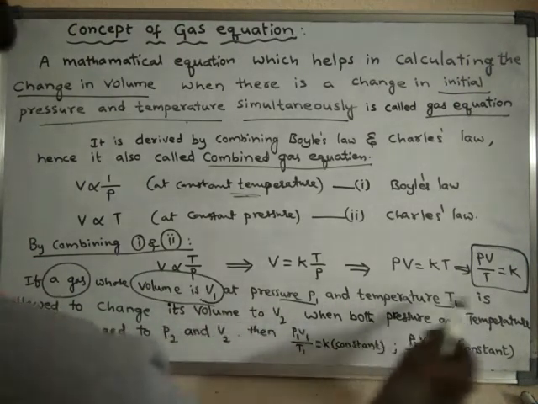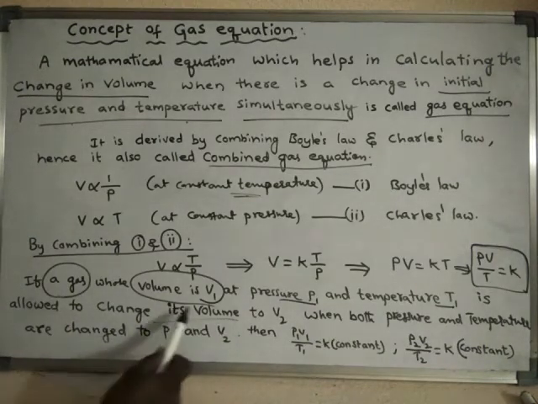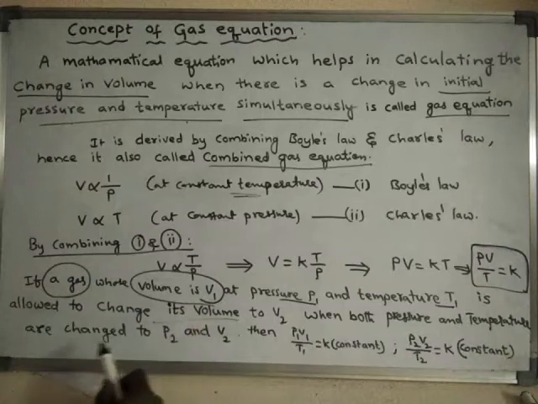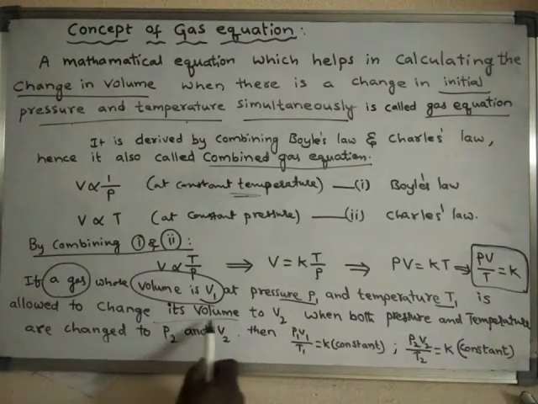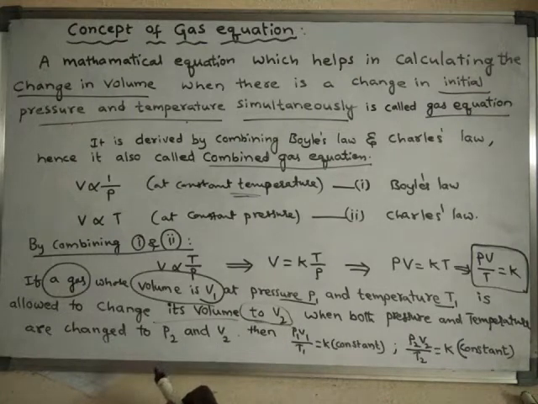That gas is allowed to change its volume. Initially the gas volume was V1, and when it is allowed to change its volume to V2, the new volume is V2.